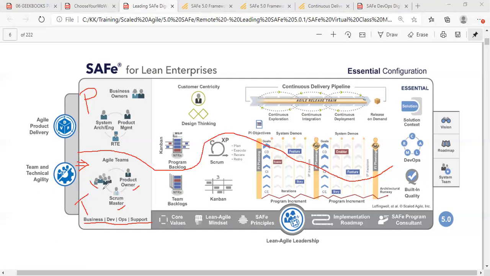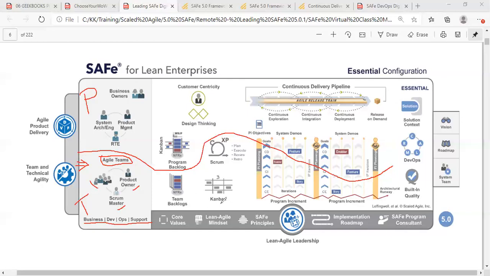All three combined form the agile teams. So when I say agile teams, you need to understand it's a combination of the doers, the technical folks who are actually delivering value, plus the scrum masters, plus the product owners. All of them combined form the agile team.